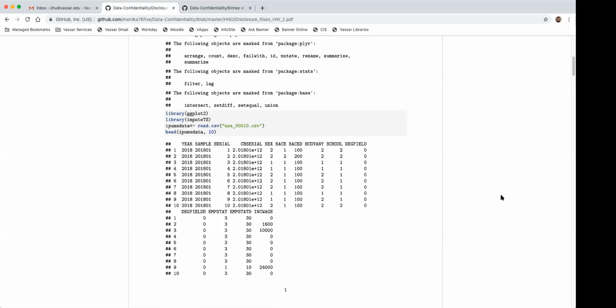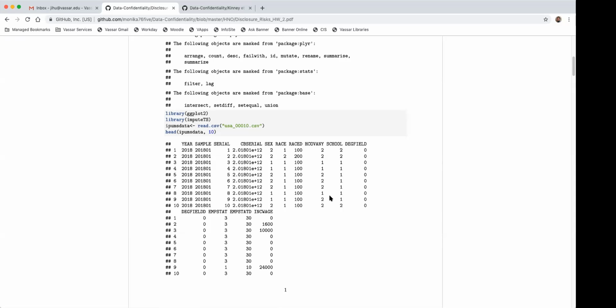For my case, I looked at just one specific year. I took the variables sex, race, and health coverage, school attendance, the field of degree of the individual, employment status, and the income, which is based on salary.